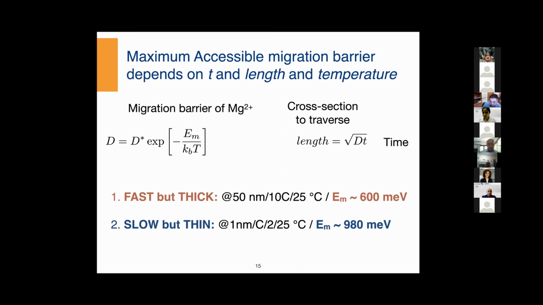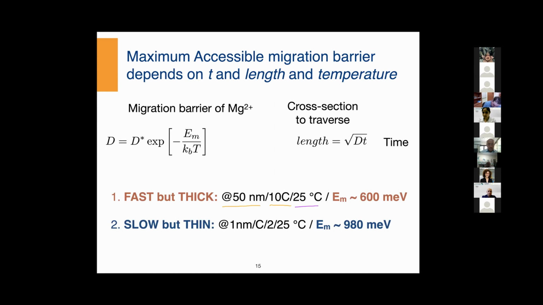So these are very optimistic bounds, but of course they set up 2 extrema on which everything else falls in between. So you can think of having a coating layer that is 50 nanometers in thickness, and discharging your battery very fast at 10 C. This is obviously not a real condition, and temperature we keep standard at 25 degrees C. What you get is a maximum barrier which matches more or less to 600 milli-electron volts.